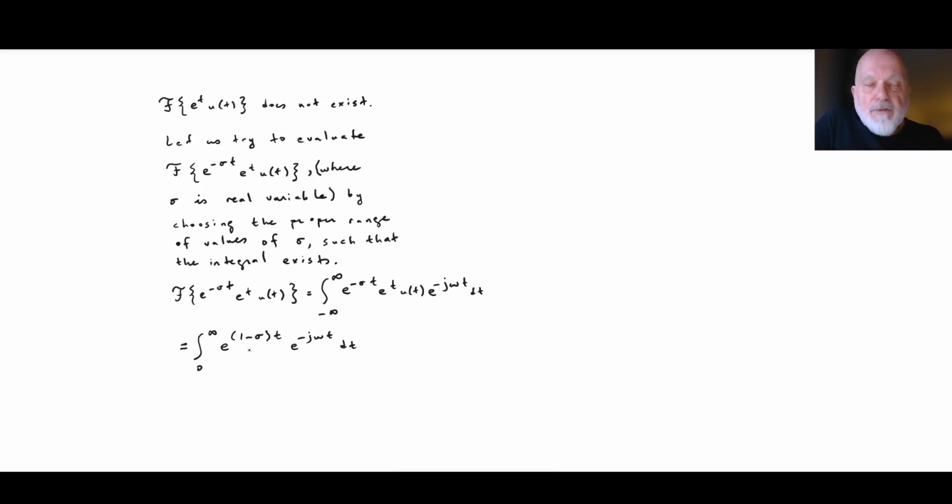In fact, it's the condition of absolute integrability. So this integral exists if the integral from 0 to infinity of e to 1 minus sigma t with respect to t is finite.